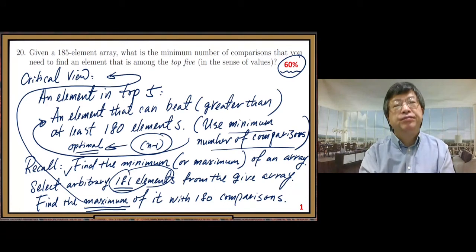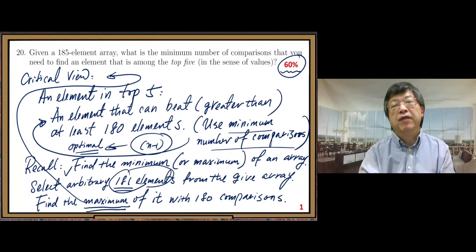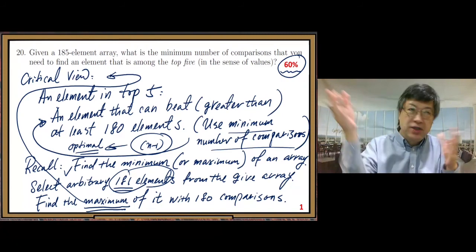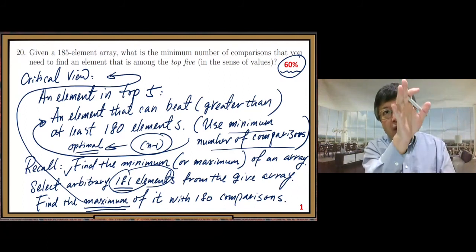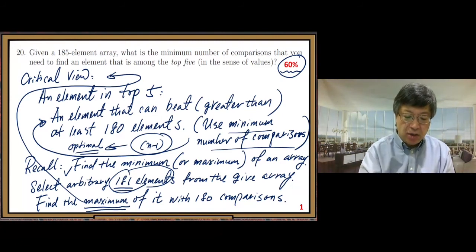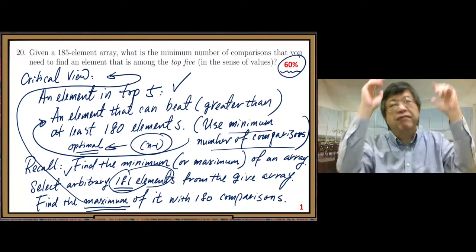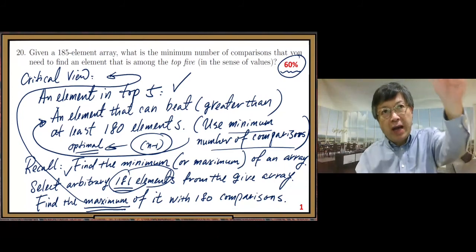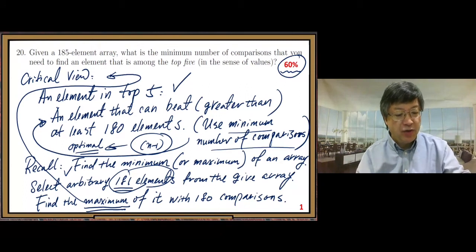For the remaining 4 elements, we don't know if this maximum is greater or less than, so that's why we say at least. It beats 180 elements. Can we say this maximum is among the top 5? Yes, we can. That's the critical last step. So we finish question number 20.